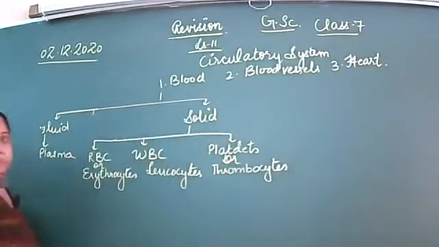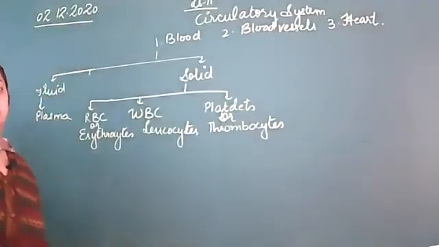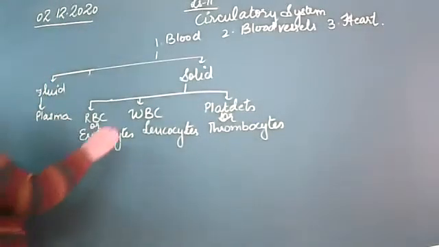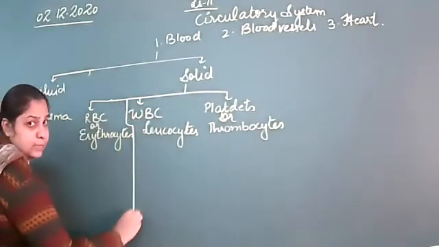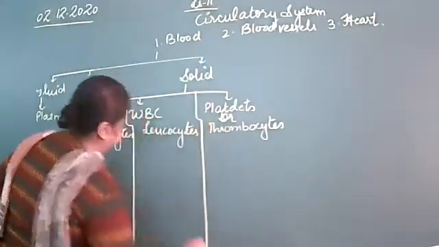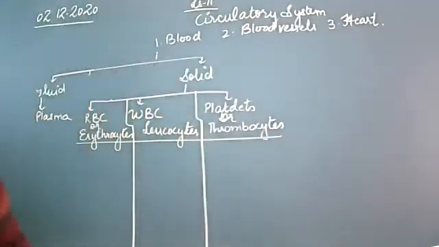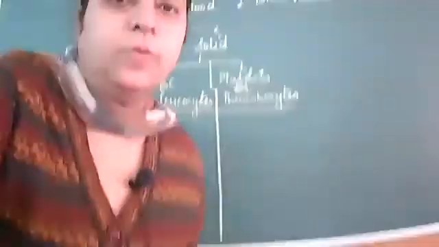Is that clear? Now we will be doing the comparison of these. हम comparison करेंगे इनका. Okay? Let us start. I will start the comparison here. I hope it will be clear to you.